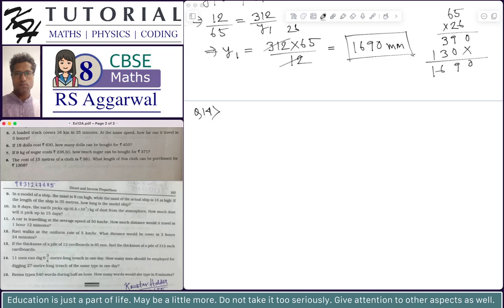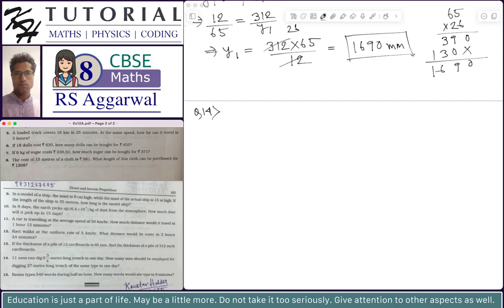Now, if you fix the number of days for which the men are working, which in this problem is one day, then more men will dig a trench of longer length.